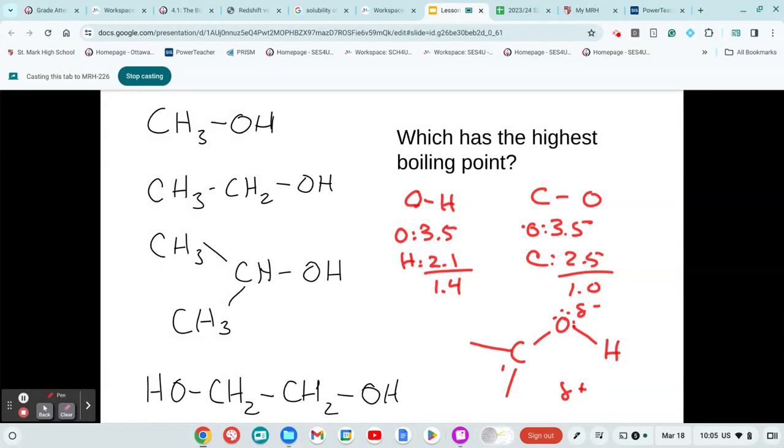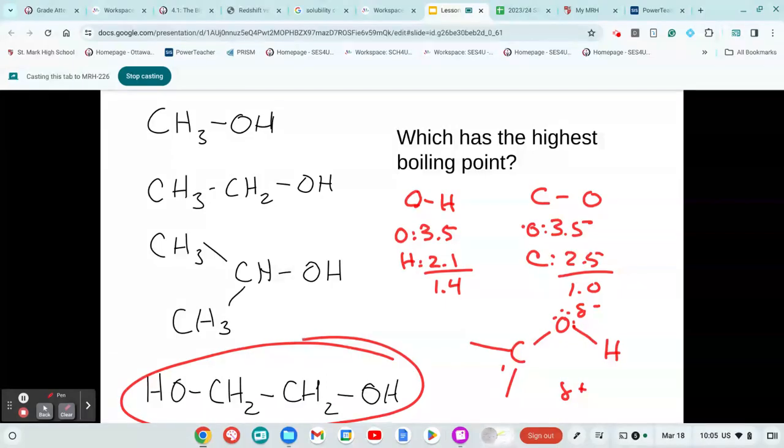The fact it has two polar groups is going to outweigh the non-polar portion. So that's what's going on here. That last one is going to be the most polar. It has the highest intermolecular forces, and it'll have the highest boiling point. And really, it's this polarity, this chunk of the molecule, that determines a lot of the physical properties of all alcohols.